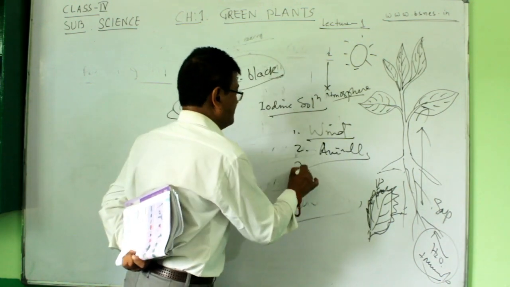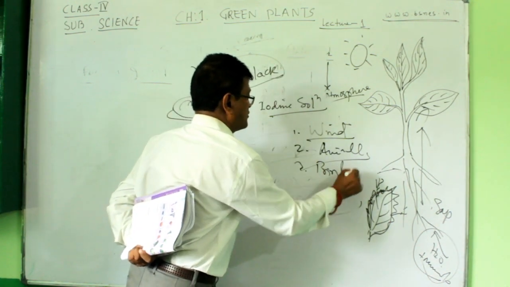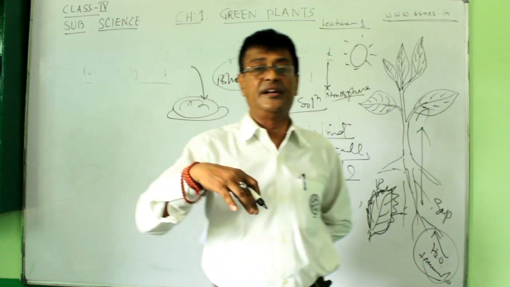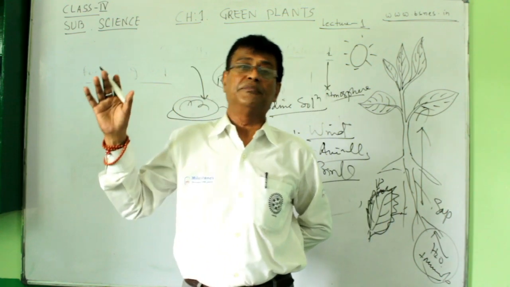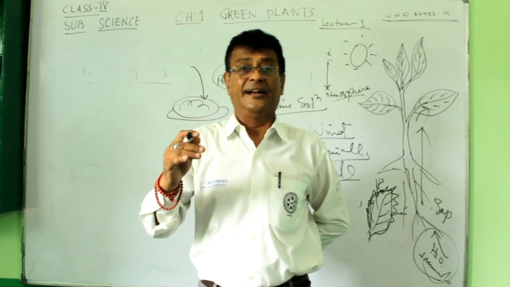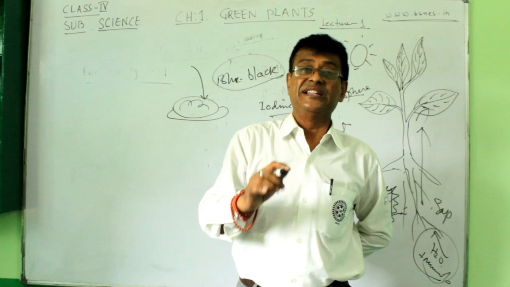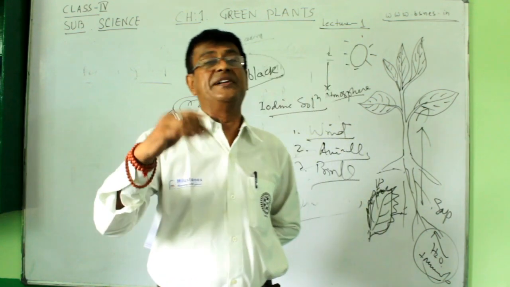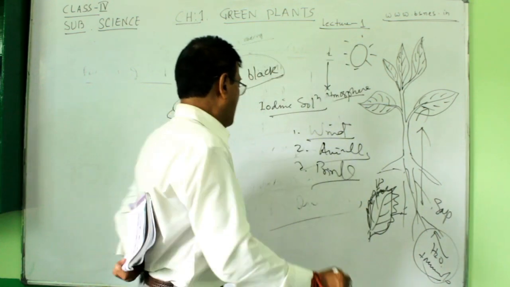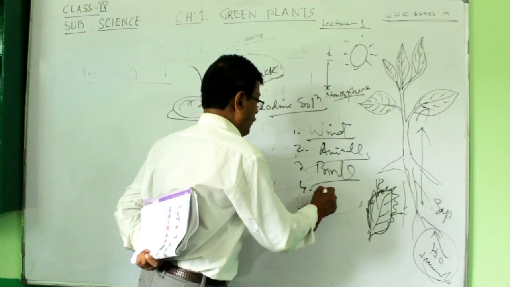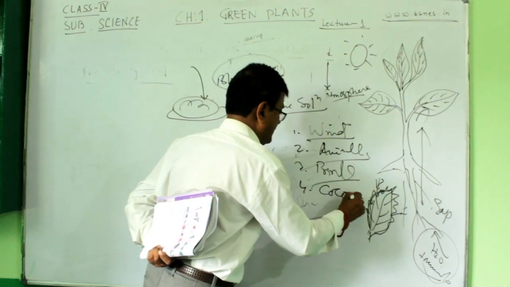Birds disperse seeds because they eat the fruit along with the seed. They fly from one place to another, and then they drop the seeds in their droppings. In the droppings the seeds are there, and they are dispersed to different places. Now there are some seeds which can float in water, like coconut.